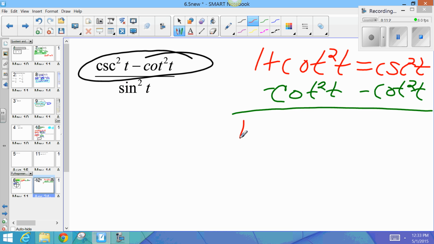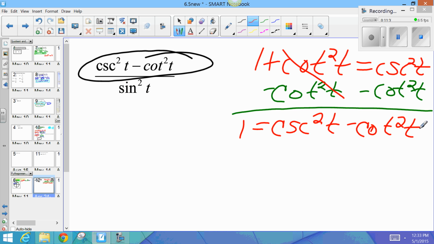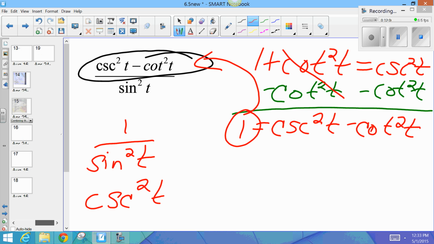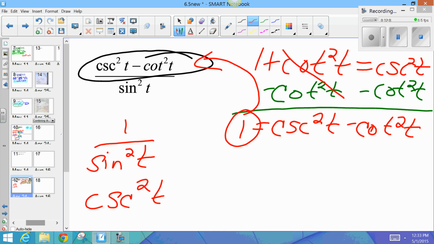Okay. So this is 1, bring down 1, equals, these cancel, and on the right I've got cosecant squared of t minus cotangent squared of t. Okay, so if cosecant squared minus cotangent squared equals 1, let's substitute our 1 there. Okay, and then 1 over sine is equal to cosecant. So there it is in simplest form. All right, that's it for that video.